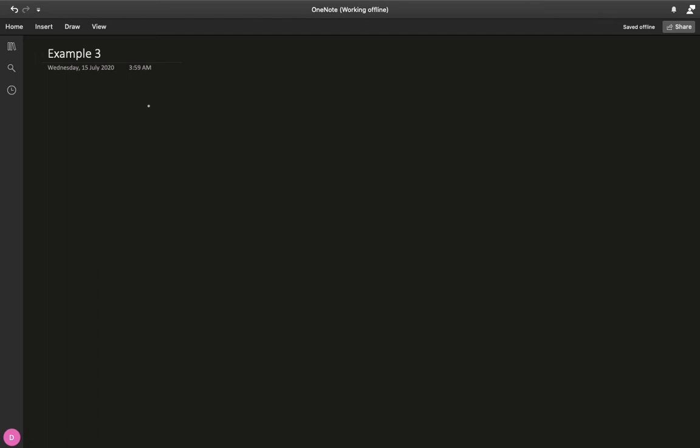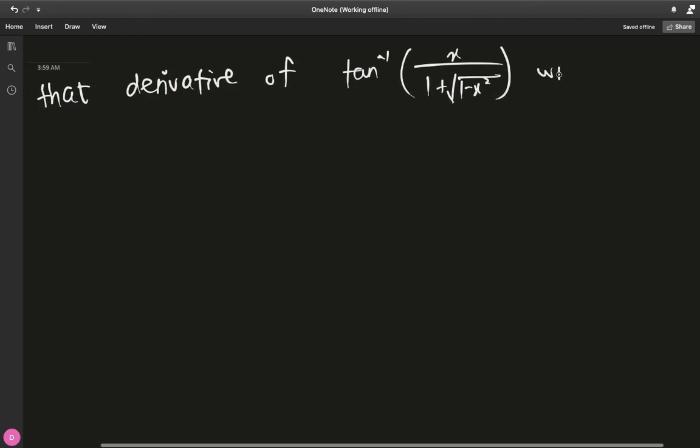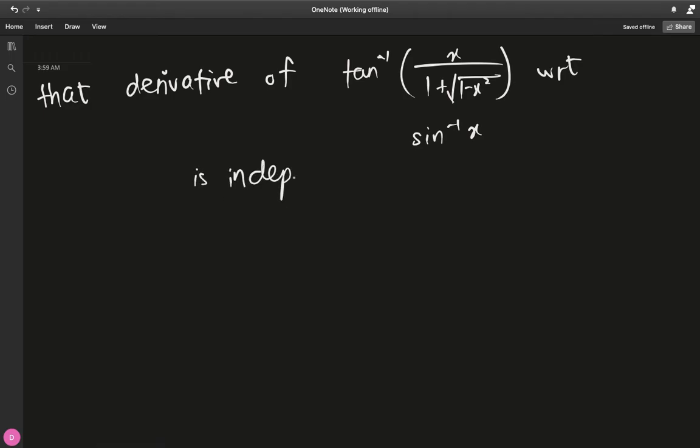Okay, so another example now. Here, the question framed is really weird. So we have to prove that the derivative of inverse tangent of x over 1 plus square root of 1 minus x squared with respect to sine inverse of x is independent of x.